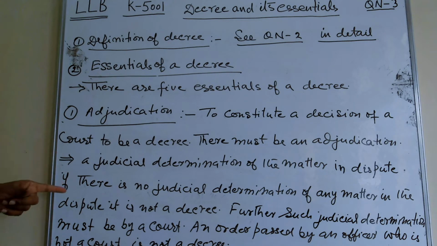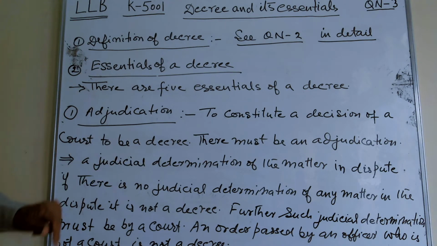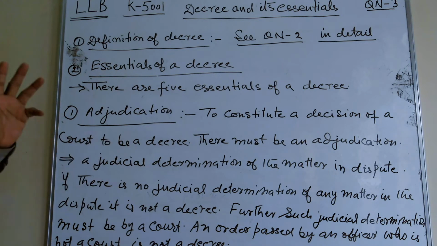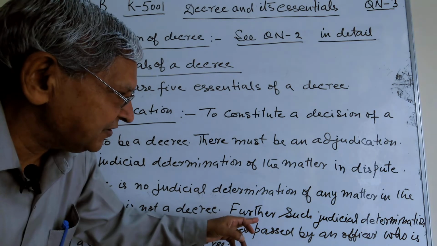Here you see, if there is no judicial determination of any matter in the dispute, it is not a degree. Further, such judicial determination must be by a court. This is the condition, my dear friends.